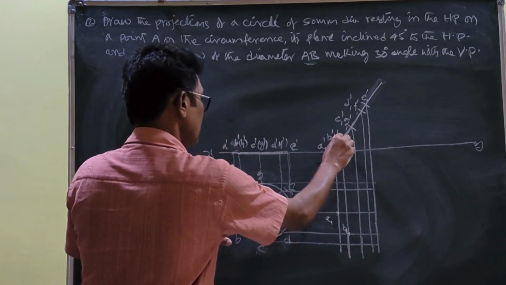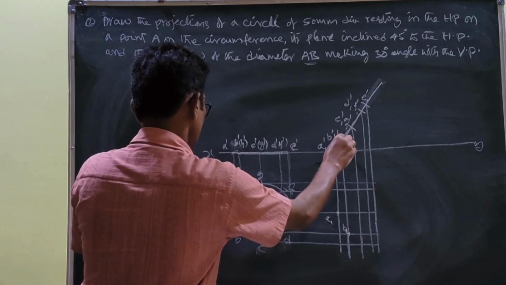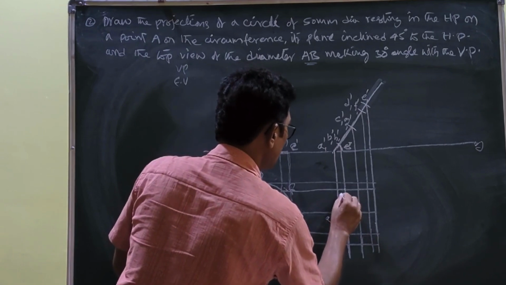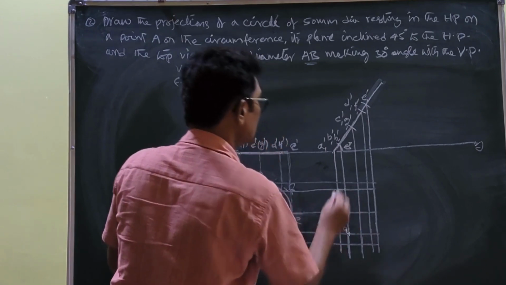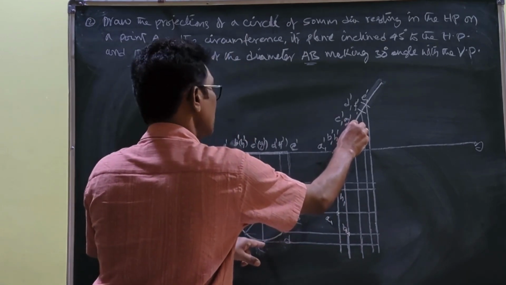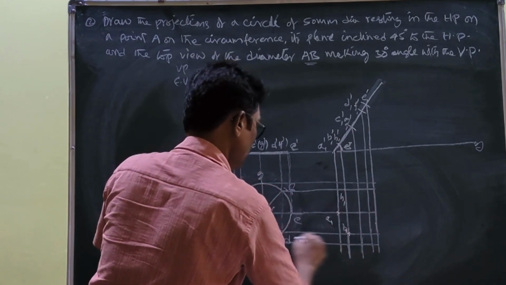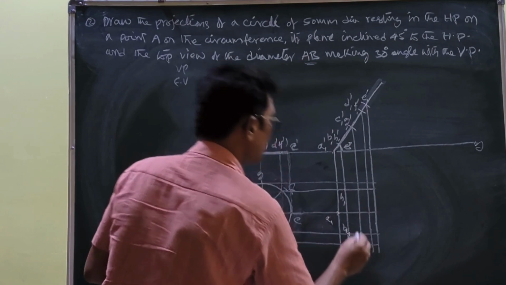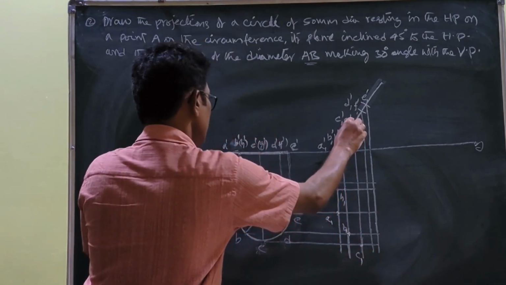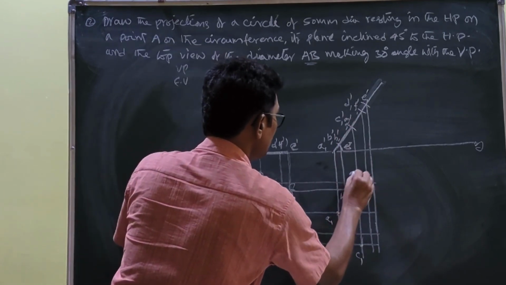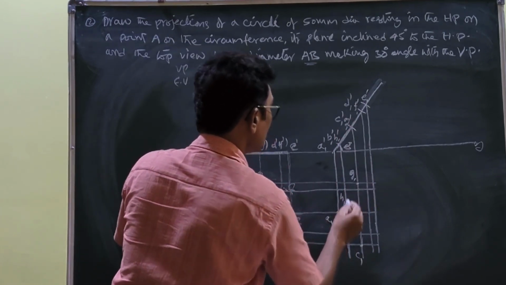Same H1 dash and H, they meet here, this is H1. Next, C1 dash and C, they meet here, this is C1. Same point G1 dash and G, this is G1.